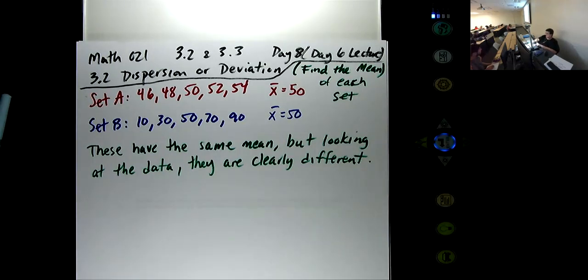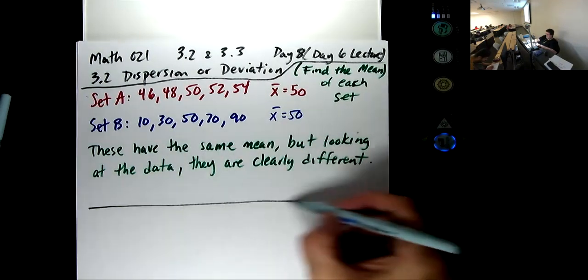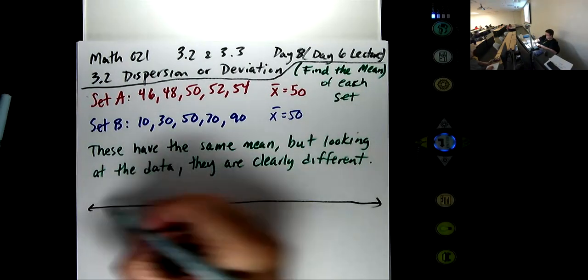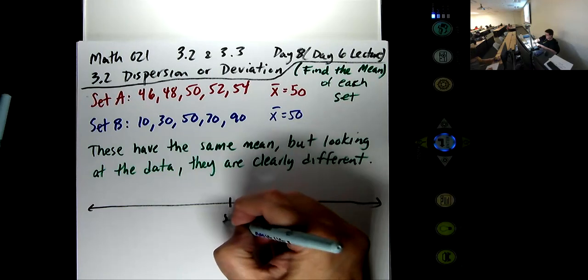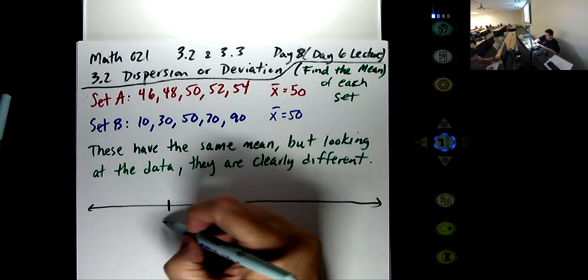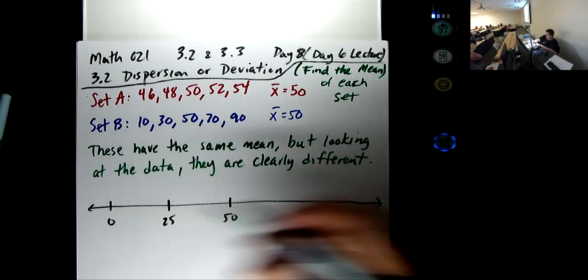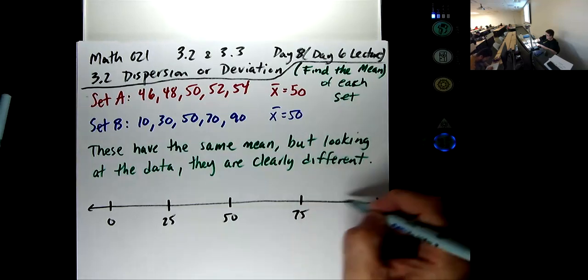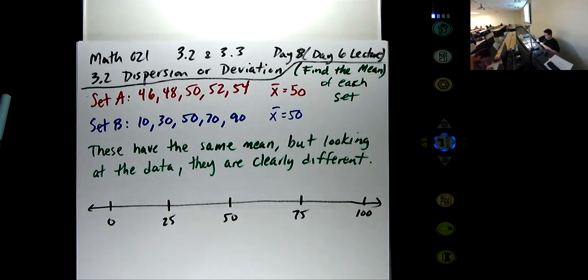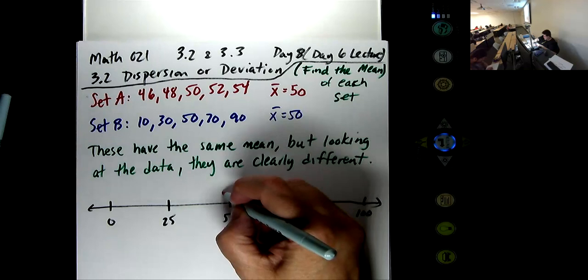If I had a nice little number line, and we had 50 in the middle. And maybe put 25 there, 0 over here, 75 there, and 100 over here. My red values are all right here.